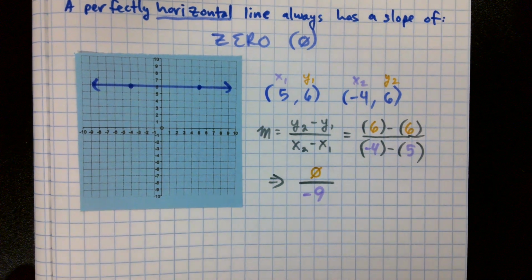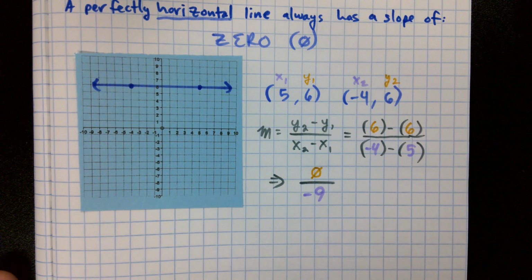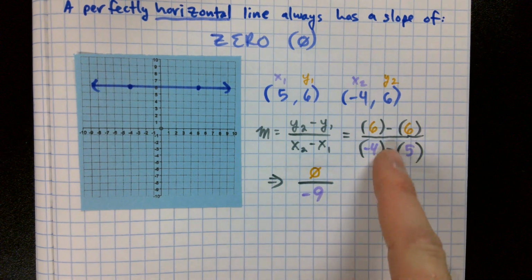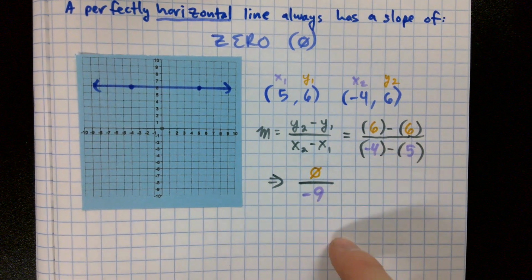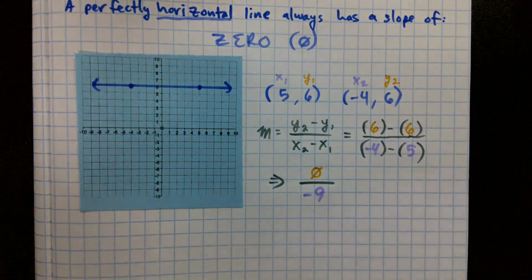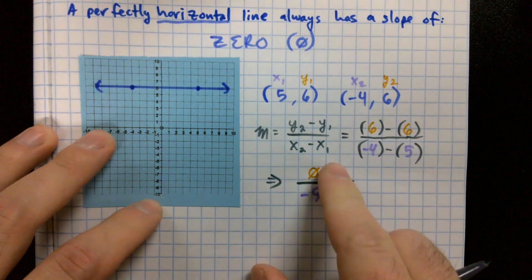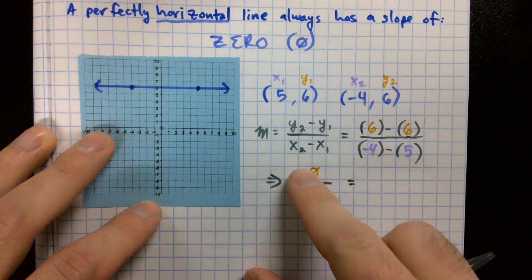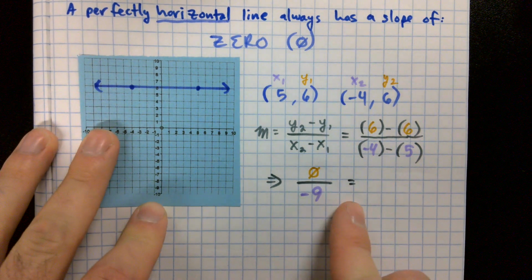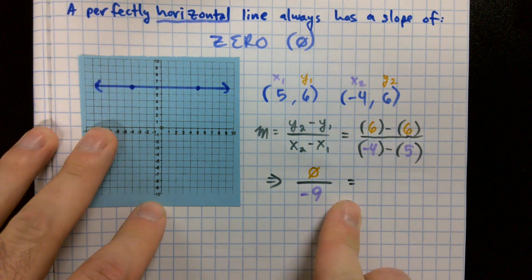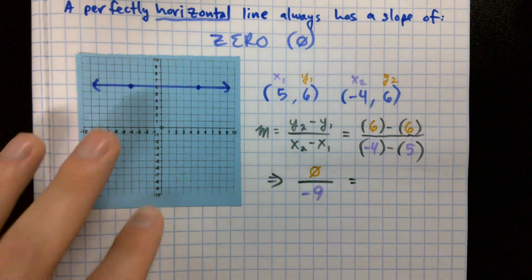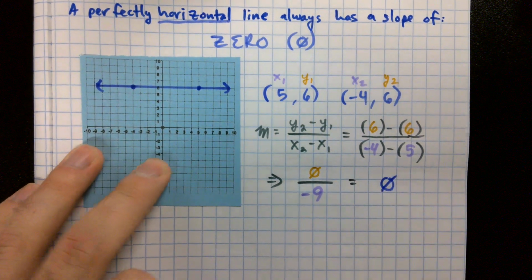Yes, sir. Would it be 1? The numerator, 6 minus 6? Oh, the fraction itself? Good question. No. Whenever we have a 0 on the top, it doesn't matter what we have on the bottom, our answer here is always going to be 0.